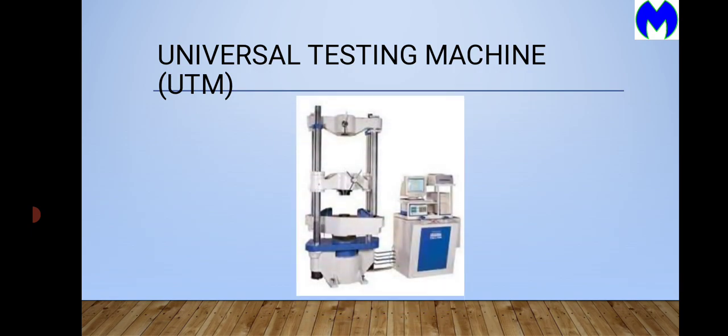So ito yung UTM. So yung UTM meron yung different attachments. So nagagamit siya for test sa tension, sa compression. So madami pwedeng i-test dun. Tapos connected siya sa parang computer with the software na mag-generate ng strength based on the actual test.